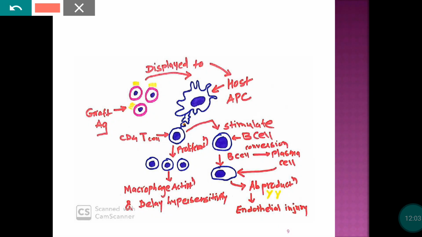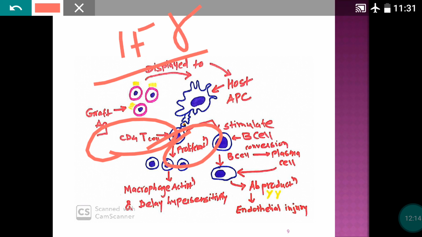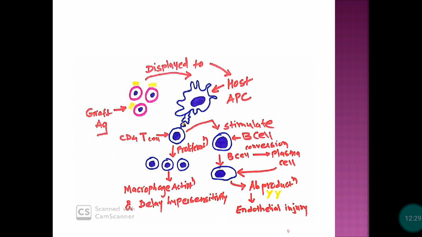Now, once the CD4 T cell gets activated, we have already discussed that it will get proliferated, it will produce interferon gamma, and so it will lead to delayed type of hypersensitivity reaction and macrophage activation. That you already know. But additionally, here what happened? In addition to the direct pathway, here additionally B lymphocytes also get activated.